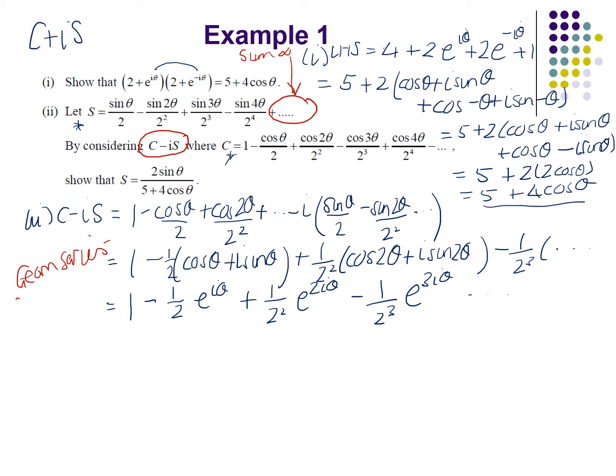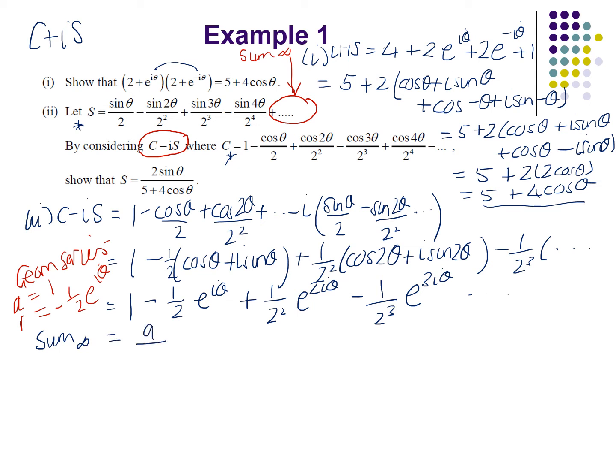So let's state what A is. Remember, A is the first term, so that's 1. Let's state what my r is. r is what I multiply the first term by to get the second term, minus 1/2 e to the i theta. For this particular question, I am going to be doing a sum to infinity, because of that dot, dot, dot at the end of the question.